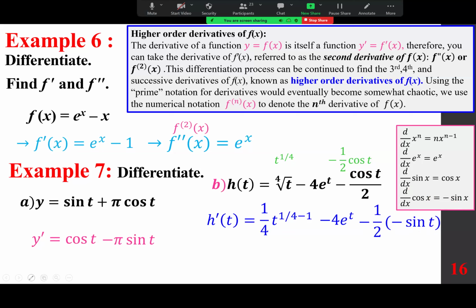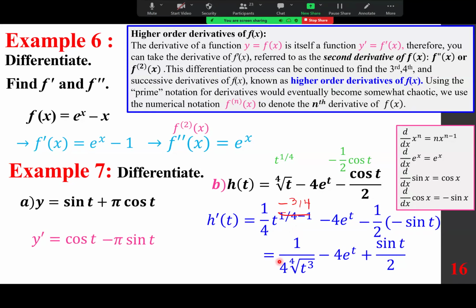To rewrite this, I want you to notice that this is negative 3/4. So you can say t to the power of negative 3/4 goes down to the denominator and it becomes t to the power of positive 3/4. And that is the fourth root of t cubed.